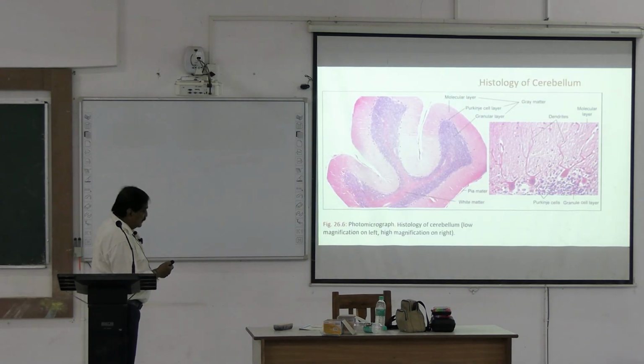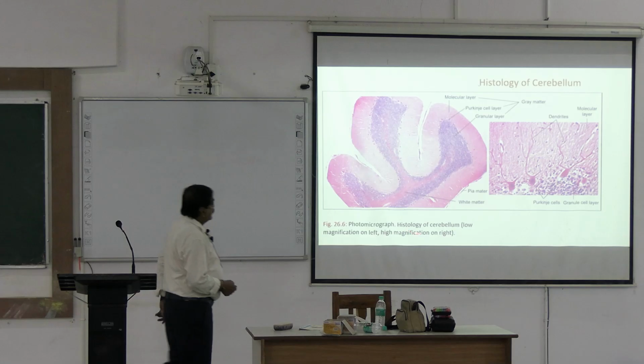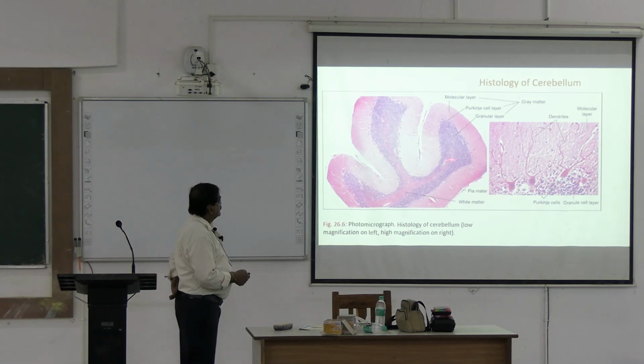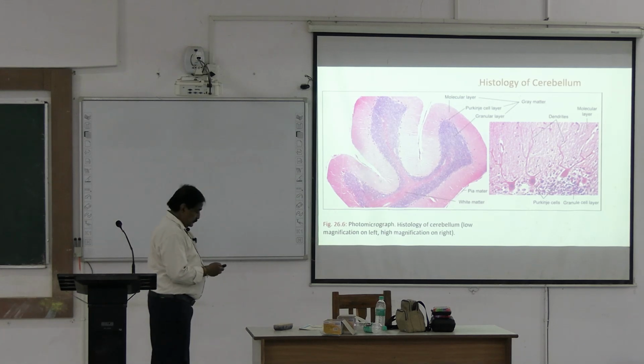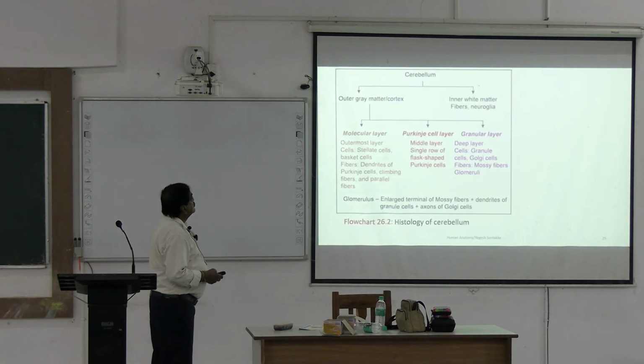Now, histology of the cerebellum, photomicrograph at low magnification. This is the molecular layer, Purkinje cell layer, granular layer, grey matter. Outer grey matter cortex, inner white matter with fibers and nuclei.